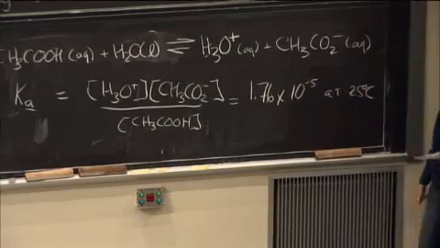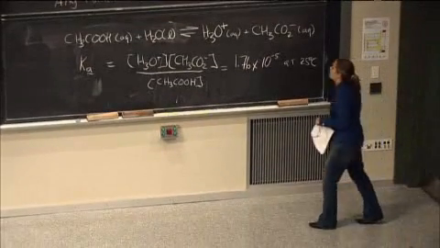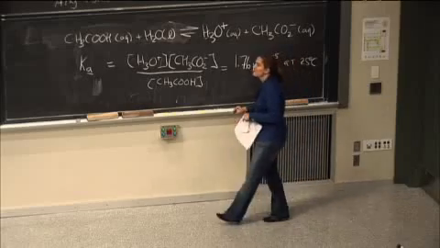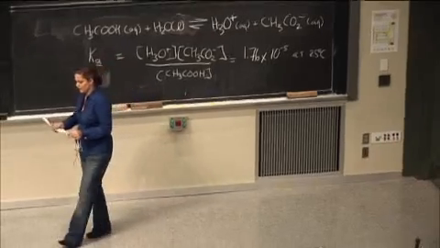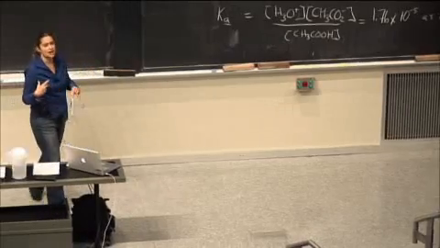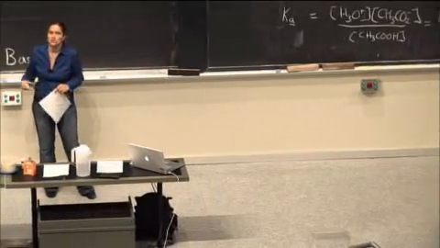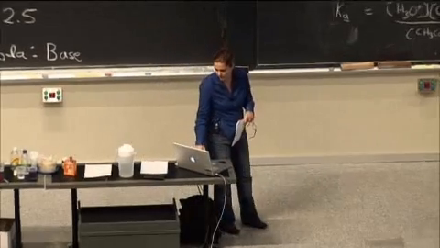This is a small number. So that tells us this is not a very strong acid. So it's not ionizing very much in solution. That is a definition of a weak acid, something that doesn't ionize very much. The definition of a strong acid is something that does ionize quite a bit.